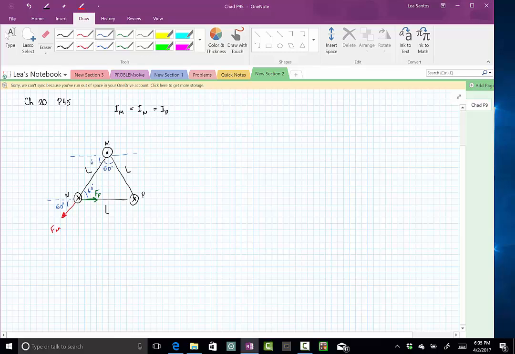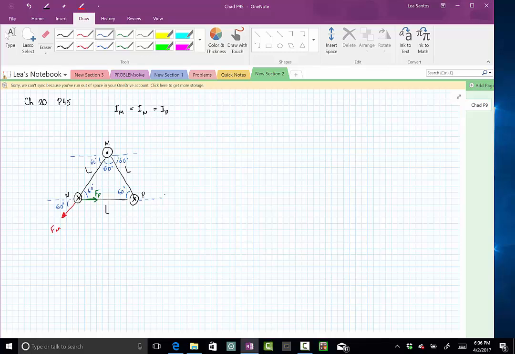Therefore, this is also 60. This is also 60. This will be useful later when we are trying to find the force on M. Same thing here. This is the angle 60. And this will be useful later for this other part. Okay, so let's start from the force on wire N.